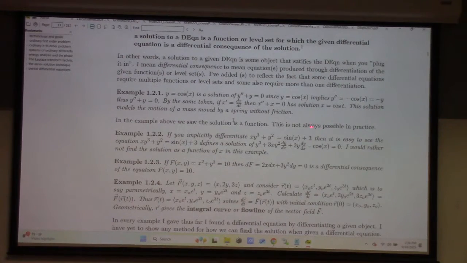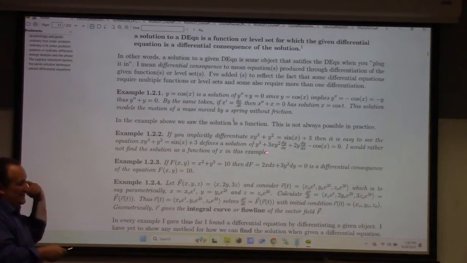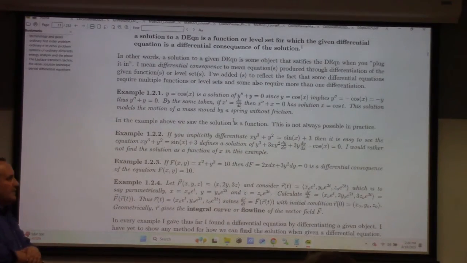Can you isolate y? You've got y cubed plus y squared equals sine of x plus 3. Personally, I can't solve for y there, right? So sometimes we have no choice but to capture our solution in terms of an equation or a level set, as it's known, all right? And in that context, implicit differentiation connects the level set to a differential equation.